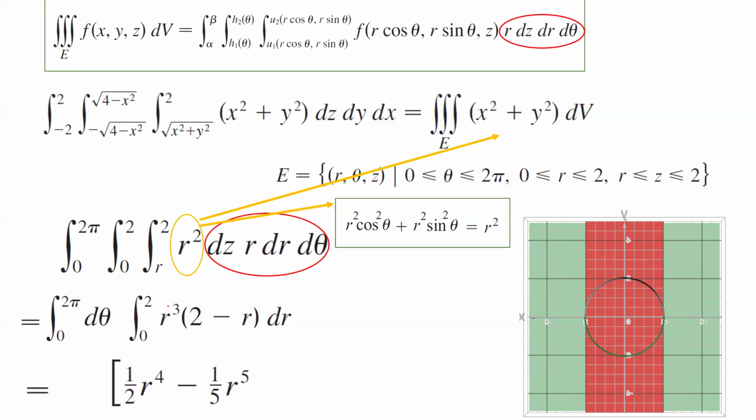Again, make sure to distribute r into the parentheses. You have r to the 4. The integral of r to the 4th is 1/5 r to the 5. And r is bounded between 0 and 2. And the integral of d theta, when theta is bounded between 0 and 2 pi, is 2 pi. Once you do the calculation, it is 16 pi over 5. So as you saw, converting everything into cylindrical coordinates helped us to make the calculation a little bit easier.